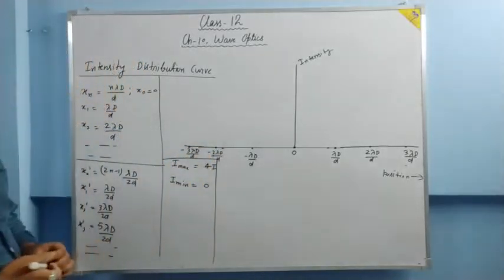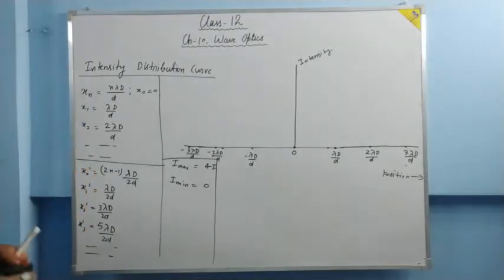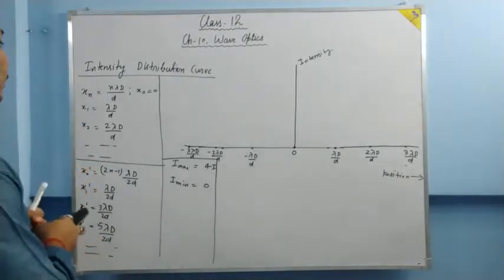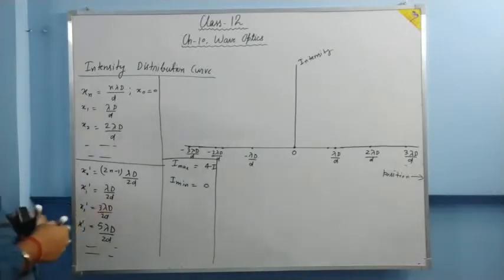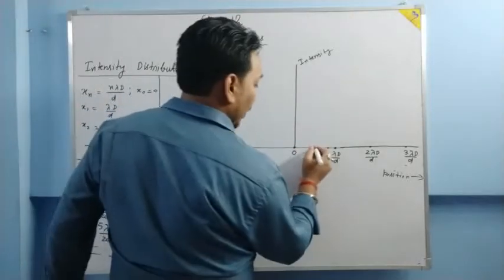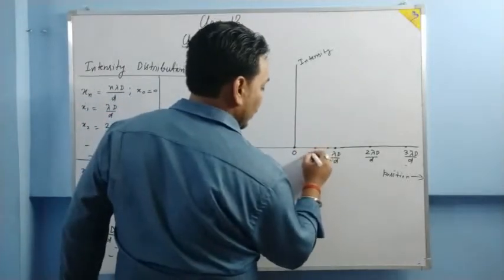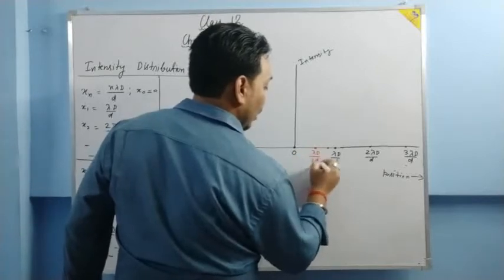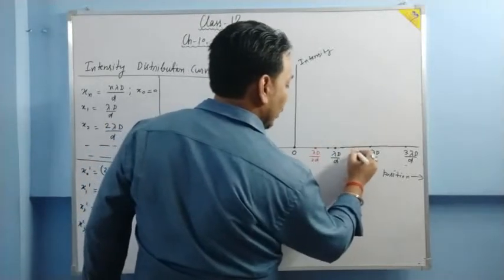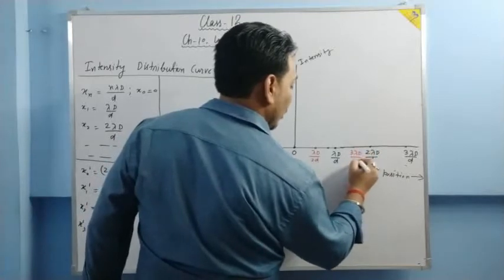For dark fringes, the first dark fringe will be formed at lambda D by 2d, in the middle of this. Typically here minus lambda D by 2d. Second will be 3 lambda D by 2d.